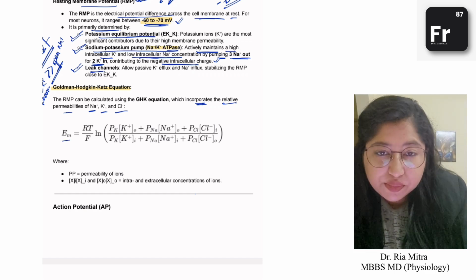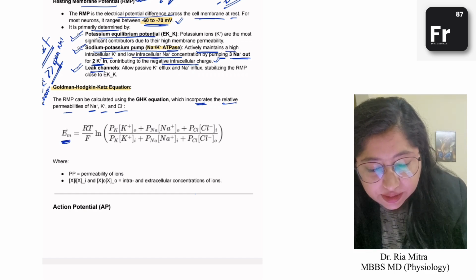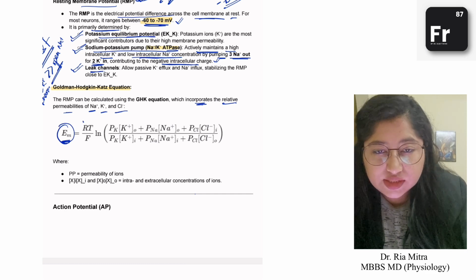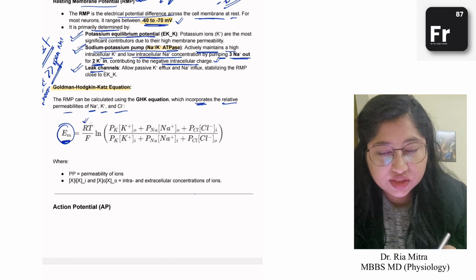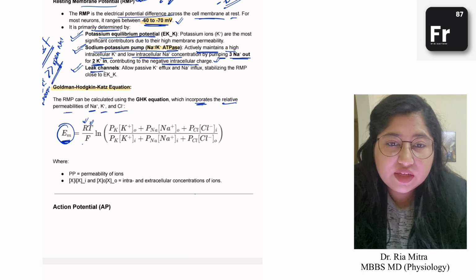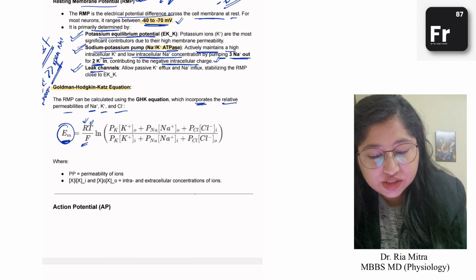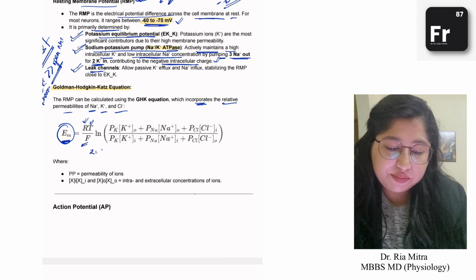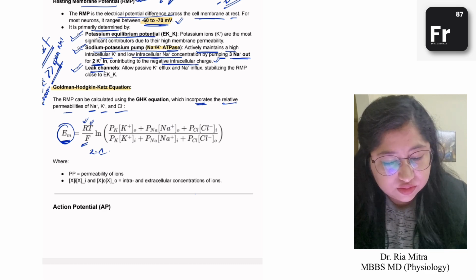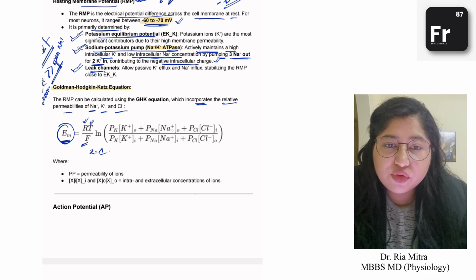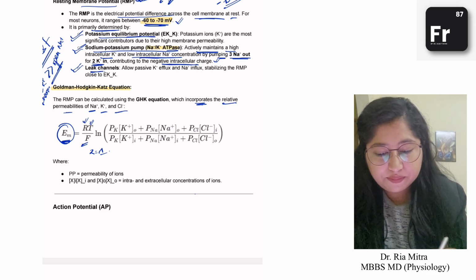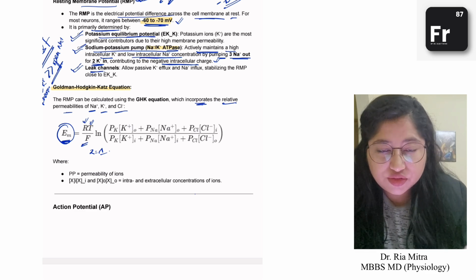It is the membrane potential denoted by Em. R is the gas constant. T is absolute temperature. F is Faraday's constant. Z here is 1 because the valency for potassium is 1. For sodium also it is 1 and for chloride also it is 1.